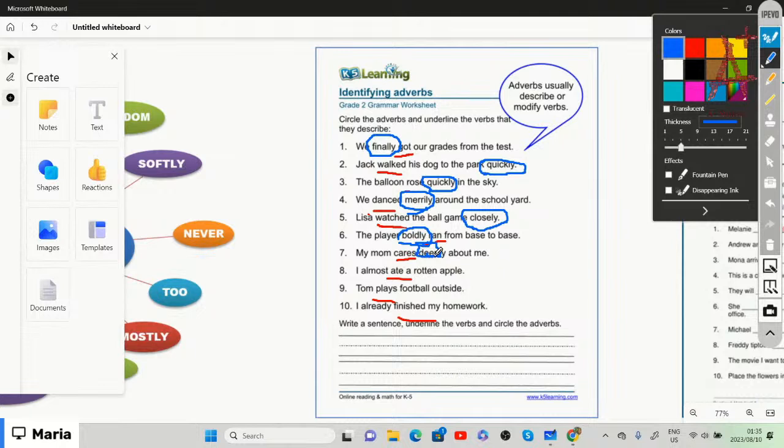And then I almost ate a rotten apple, right? So, we can say almost. And then Tom plays football where? Outside. And then I already finished my homework. So we can then say already.